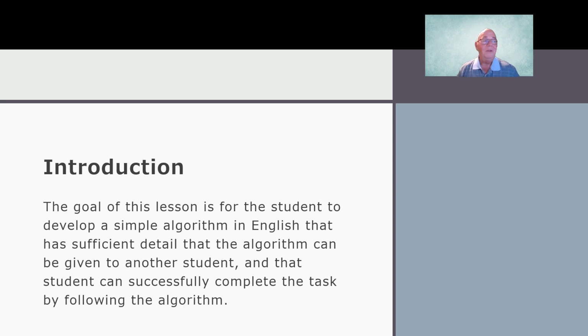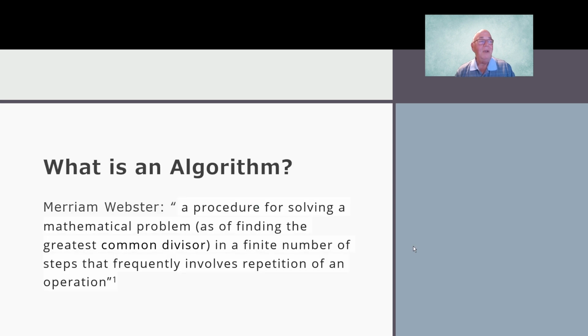So one of the things I talk about is that writing an algorithm to prepare for writing a program is not unlike how writers prepare. If you ever read writers talking about the writing process, in general, they talk about starting with an outline.